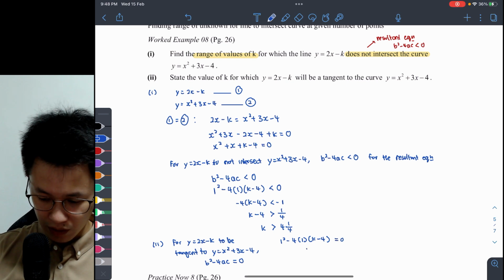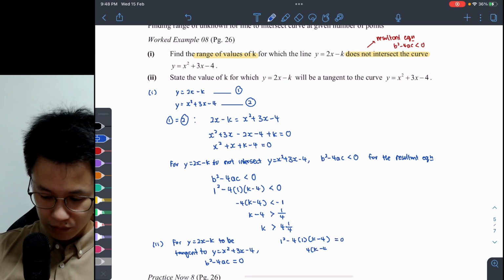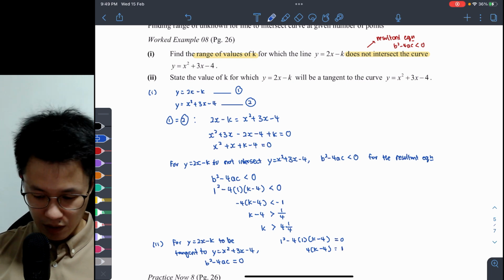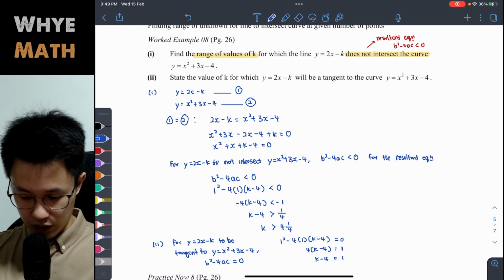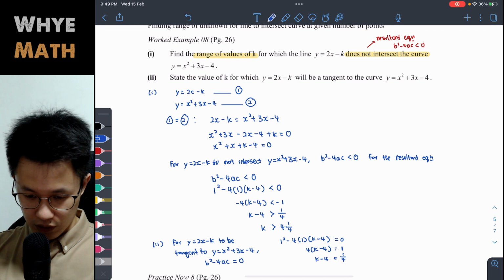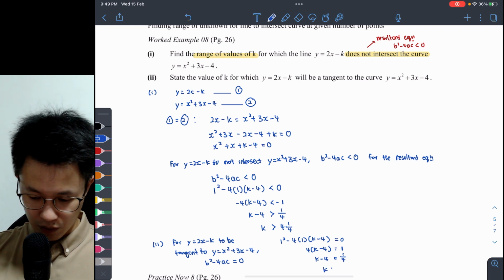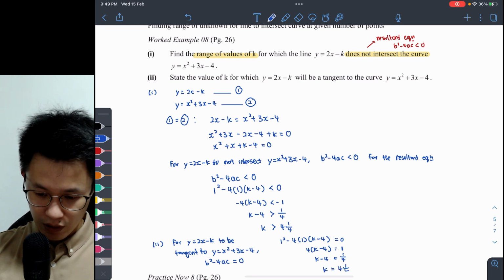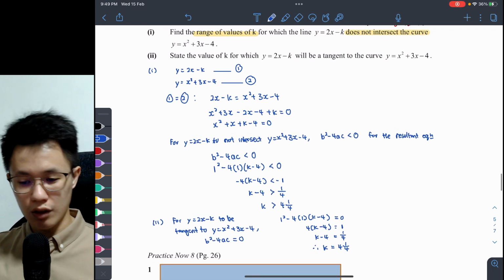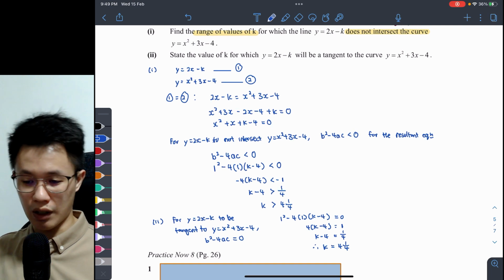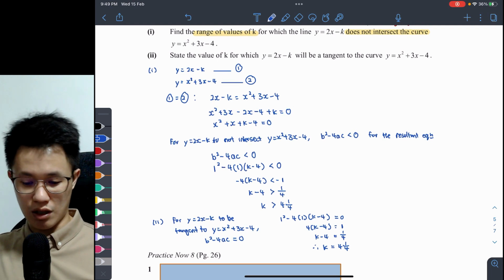It's actually almost the same steps. I skipped a few steps and we have k minus 4 equals 1 over 4, and k must equal 4 and 1/4. So the value of k is in fact 4 and 1/4 for it to be tangent to the curve y equals x squared plus 3x minus 4.